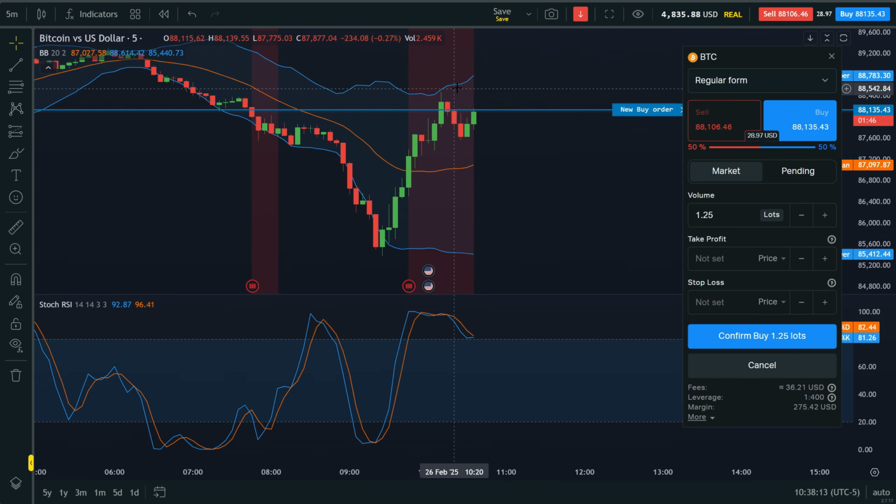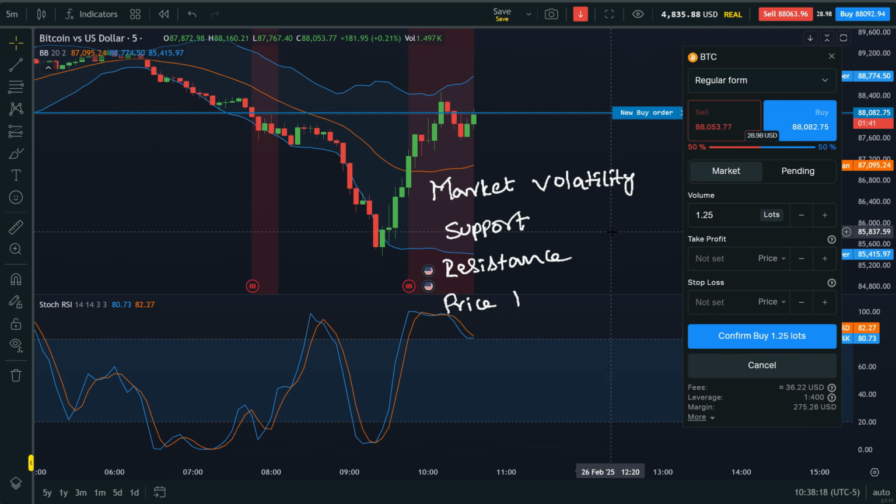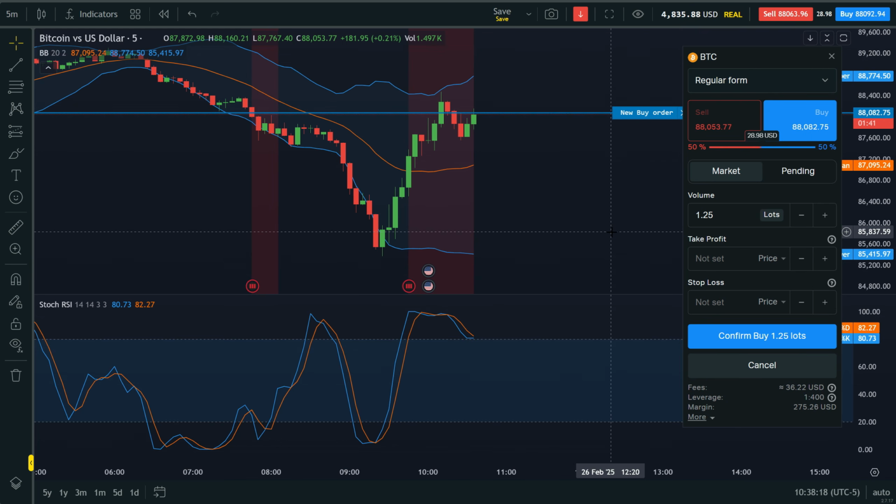for live trading. If you truly master this strategy, you can take a big step toward becoming a consistently profitable trader. The key is understanding how to use the Bollinger Bands effectively to read market conditions and predict price movements with confidence. I rely on Bollinger Bands to identify market volatility, support and resistance zones, and potential price reversals. Let me break it down with this example. Take a look at this setup.